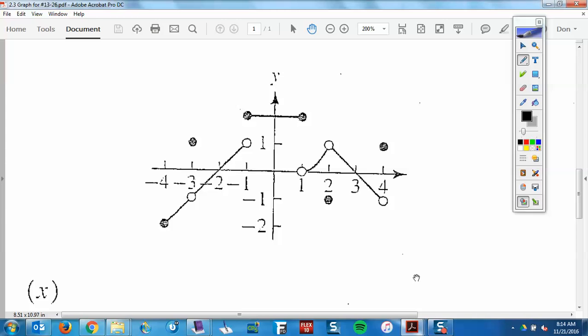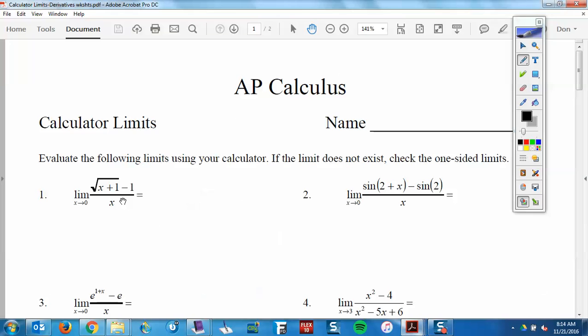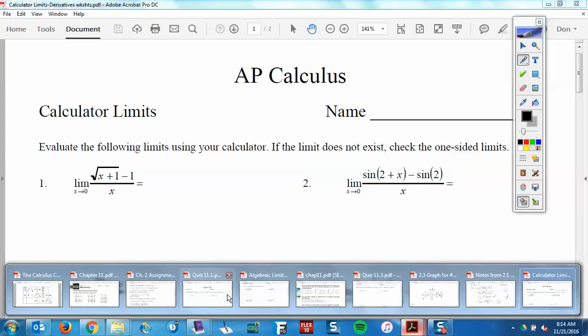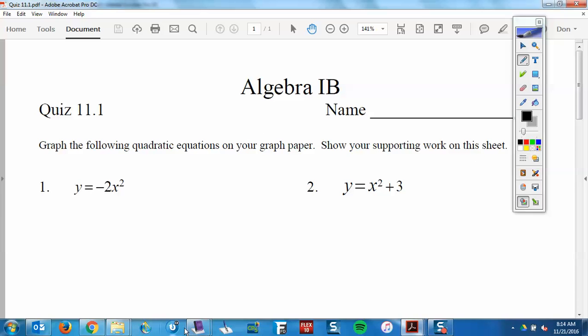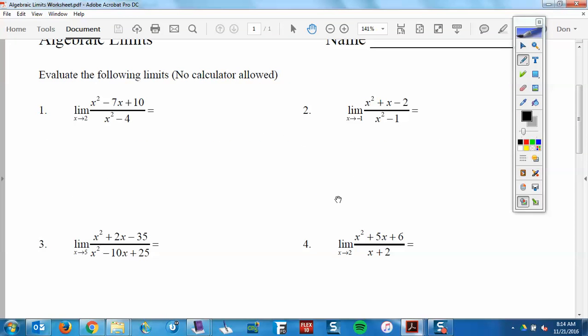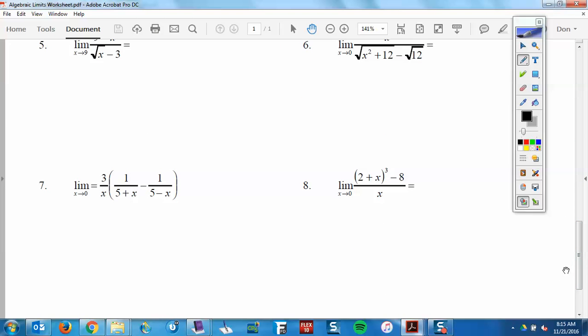But I'm saying if you have just some normal looking equation like these are here, oops, wrong worksheet. Here we go. If you've just got a normal looking equation like these are, okay, and you plug a number in and you get out an answer, that is your limit, okay? If you've got a piecewise, we're going to talk about a piecewise, then you got another story, right? Then you got another story.